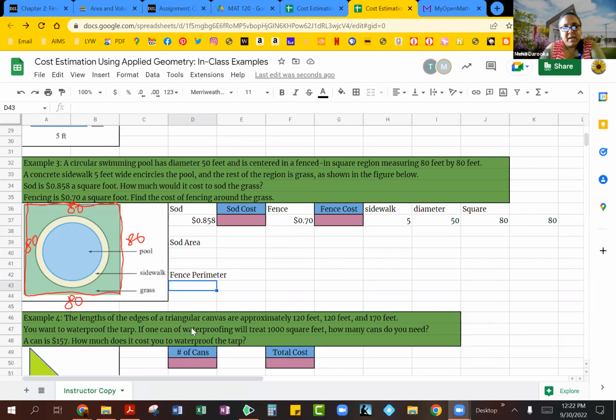Yeah, Michael, Terry, very nice. 80 times 4 will give you the perimeter. So this is going to be 4 multiplied into 80. And remember, this is going to be in feet.